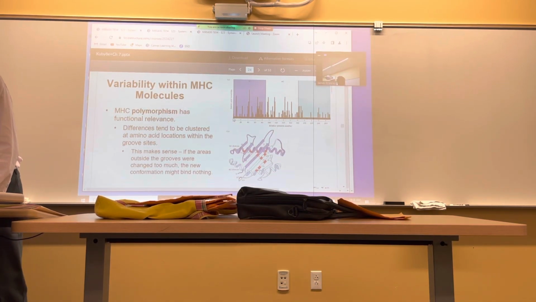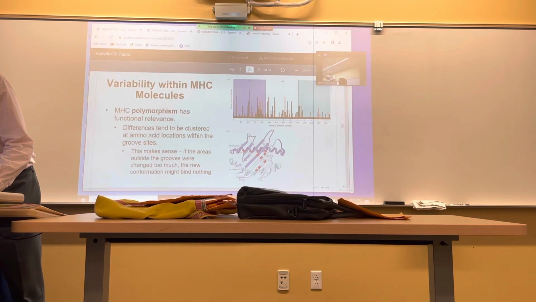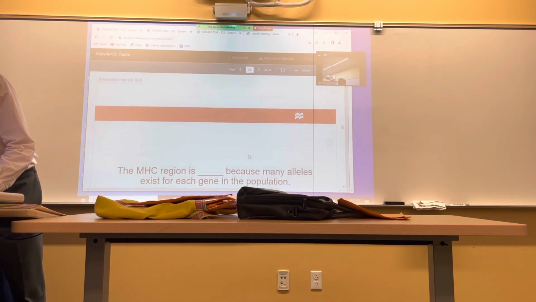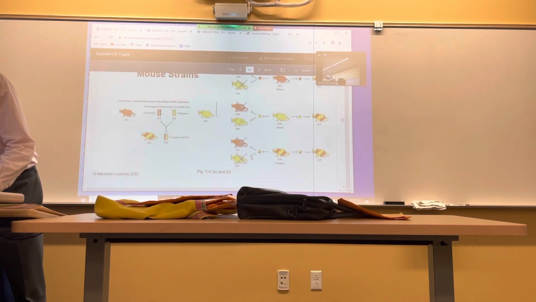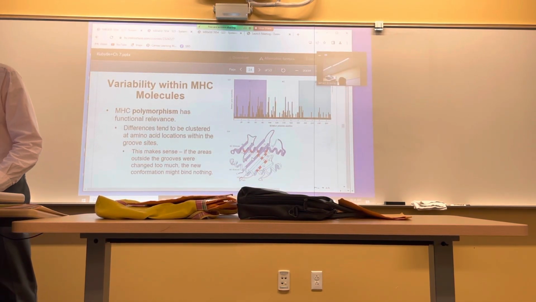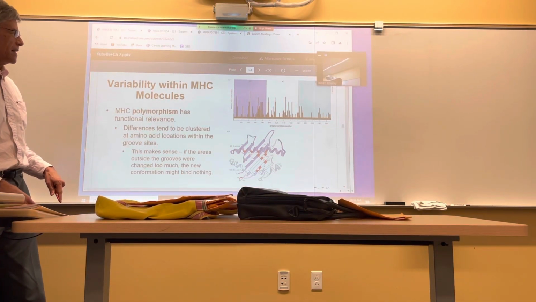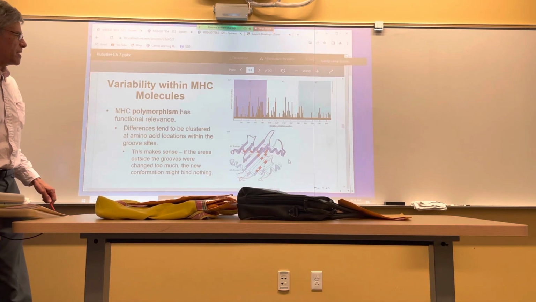we go back to our picture of our MHC molecule with the floor and I thought that was one of the slides that could be divided in two.